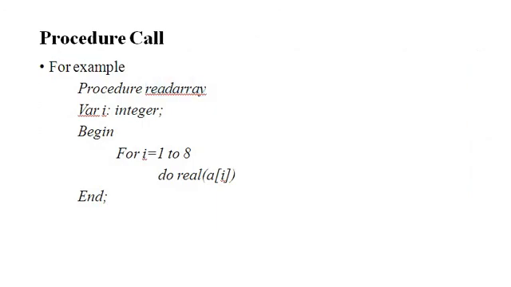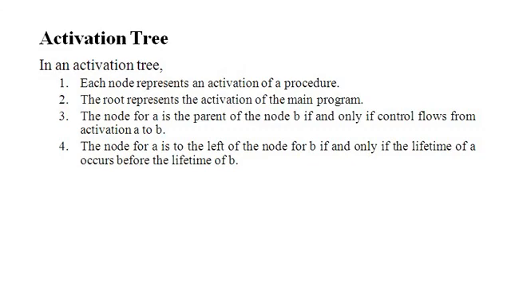Second is the activation tree. The activation tree is used to depict the way control enters and leaves activations. In an activation tree, each node represents an activation of a procedure. The root represents the activation of the main program.